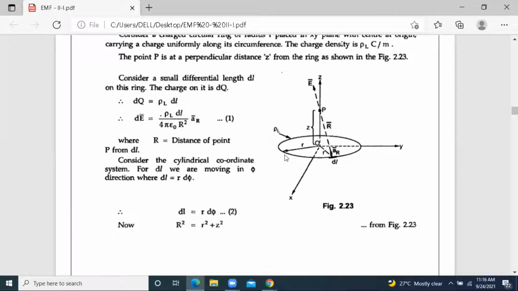Okay. Let's clarify this. What's the circumference of a circle in radians? In radians, sir? Yeah. That's 2 pi r, sir.